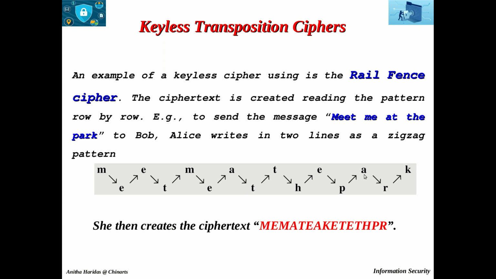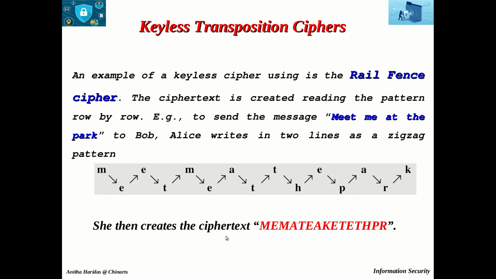That is why we call it the rail fence cipher. So we write it in 2 lines. And the characters will be M-E-E-T, M-E at the park. This is how we are going to write the plain text. So Alice will first write the plain text like this.